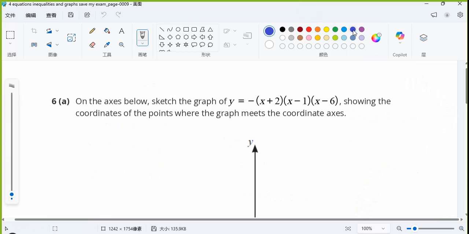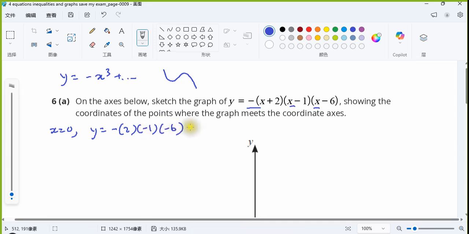On the axis below, sketch the graph y equal to negative x cubed and so on. So the shape will be like this. When x equal to 0, y will be negative 2 times negative 1 times negative 6. So it's negative 12.